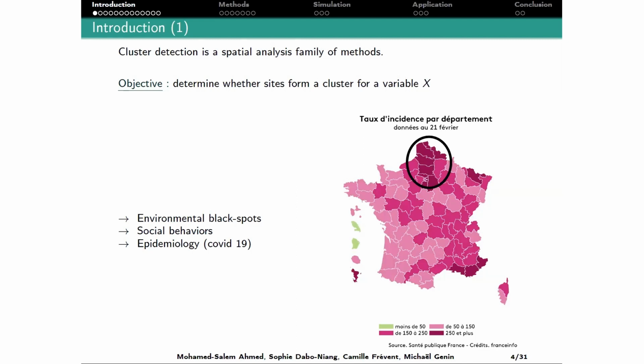Like here in the incidence of COVID-19, where you only have a cartography of the incidence in France, decomposed in region or department. So what is going on here? What we observe, is it really high or not?